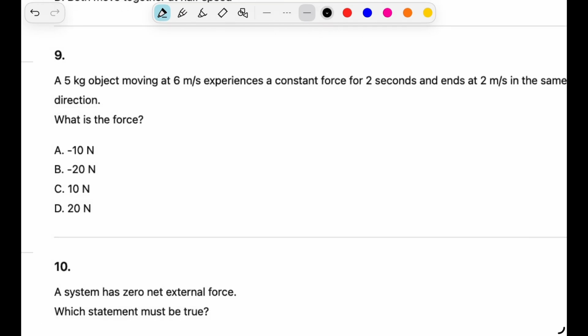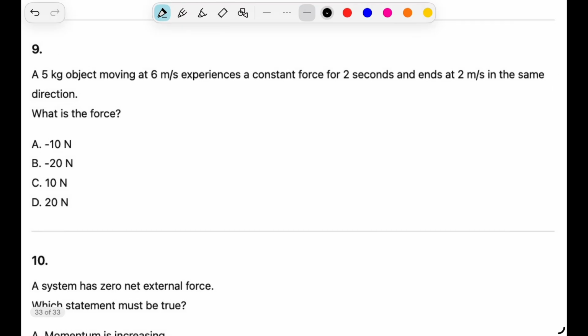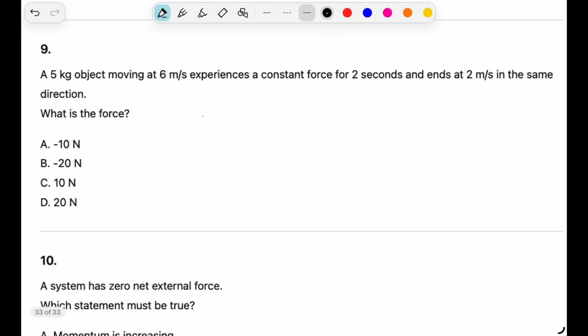A 5 kilogram object moving at 6 meters per second experiences a constant force for 2 seconds and ends at 2 meters per second in the same direction.